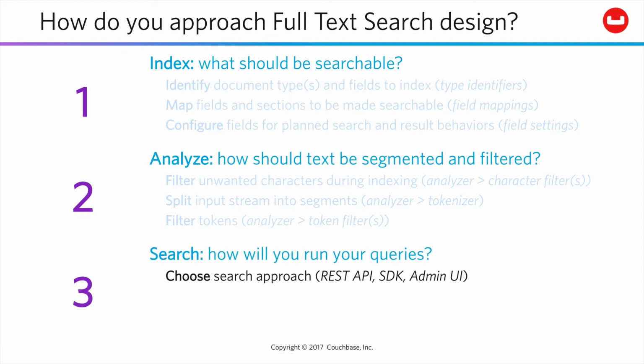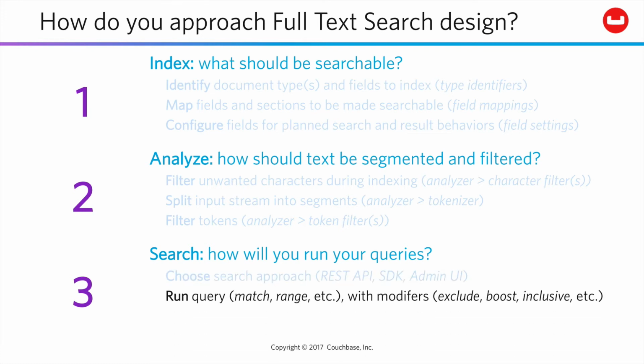Last, you then need to consider how you will run full-text searches, or queries as they are technically called, particularly in the REST APIs. You'll choose your preferred approach, REST API, SDK call, or, at least for learning and testing purposes to a degree, just running them through the Couchbase UI itself. You'll choose which query type or types to run, such as match or range or Boolean queries, potentially adding specific modifiers to certain terms in a given query.